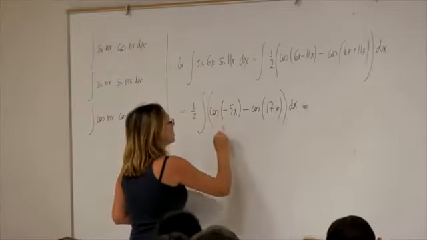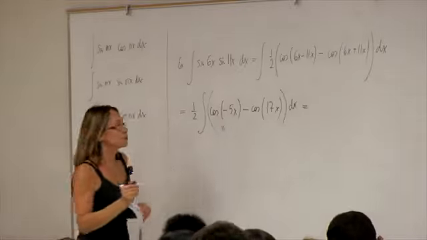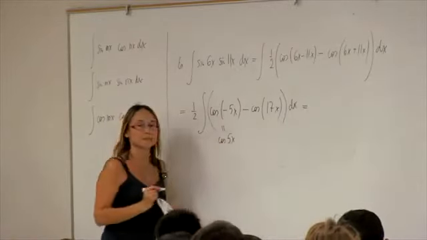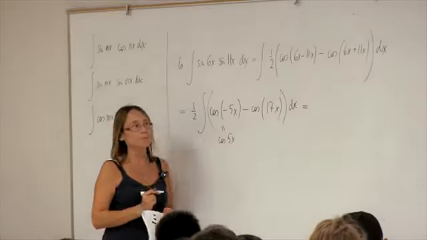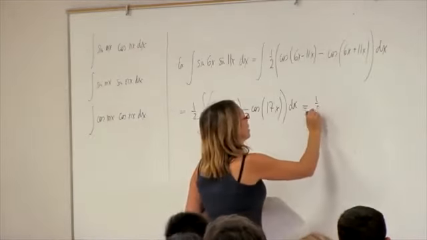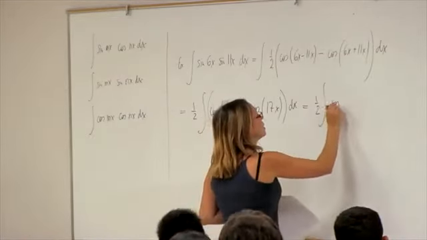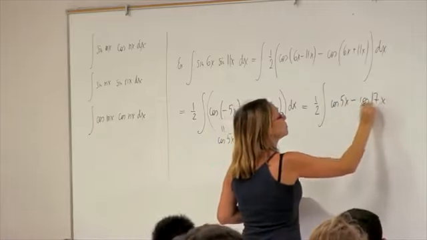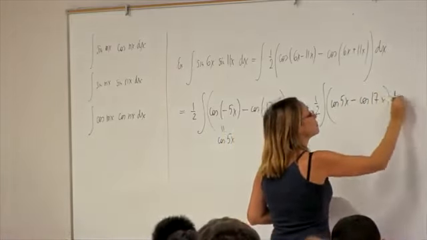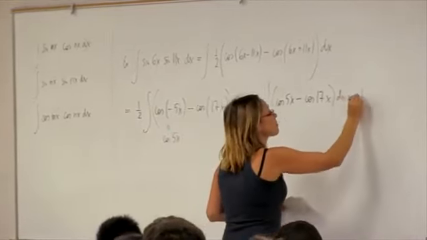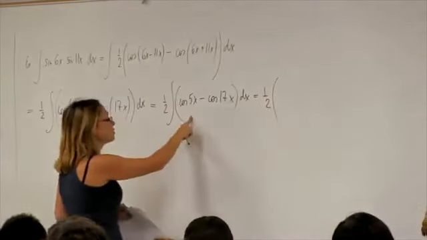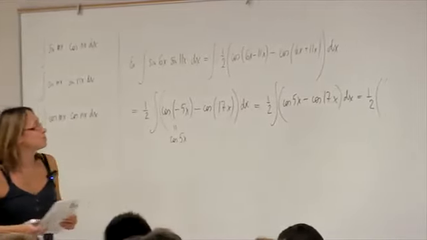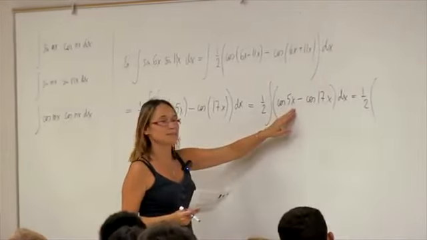And remember that cosine is an even function, so cosine of minus 5x is the same as cos 5x. And now it's very easy. I have to take the antiderivative of these things. There's one little hidden step here, which is a substitution. I can say u is equal to 5x.